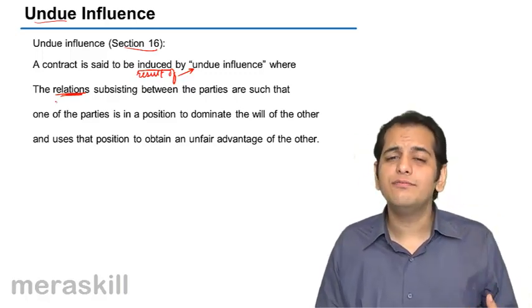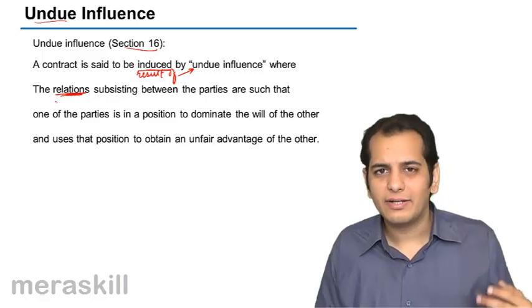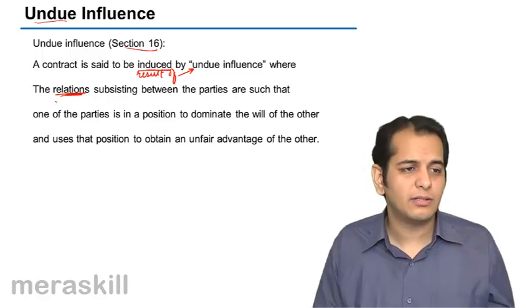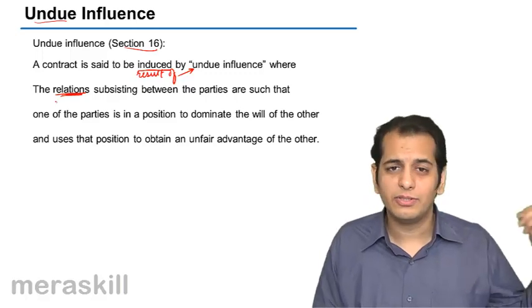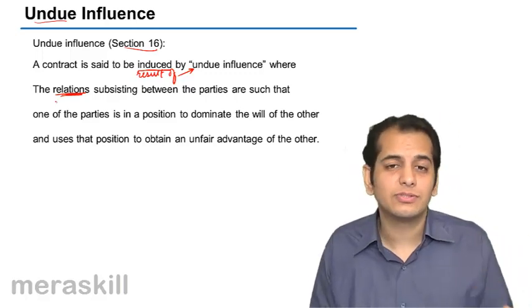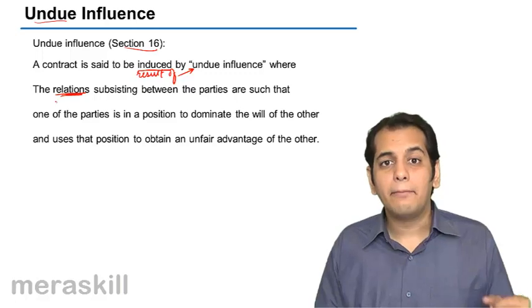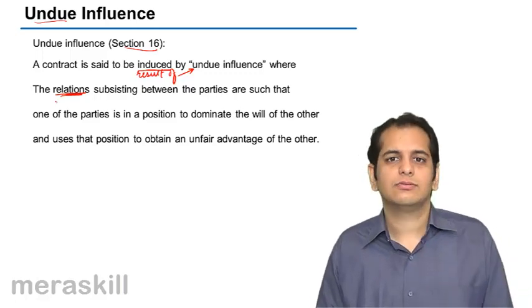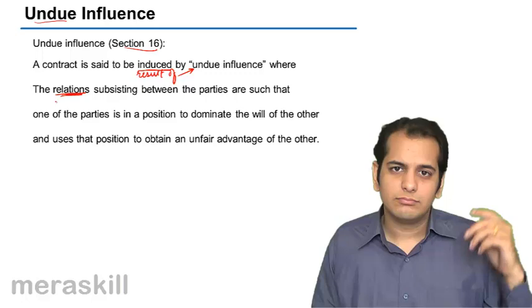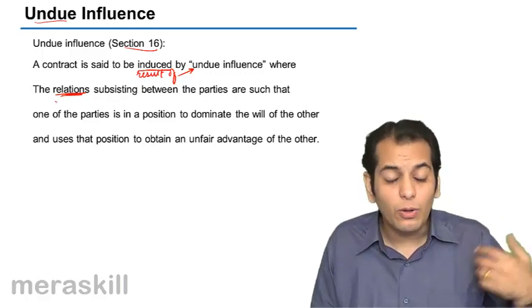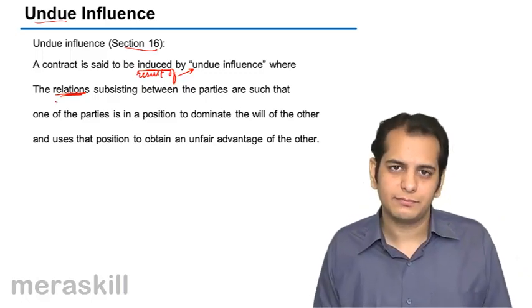We only get influenced by our relatives, by our parents, by our sons and daughters, by our brothers and sisters, by our friends, by our teachers, by our employers. We tend to agree with what our employers say.